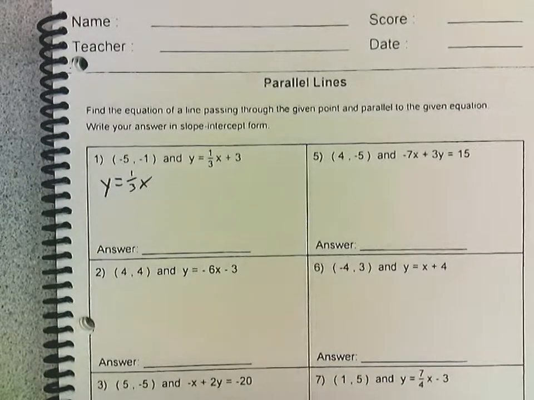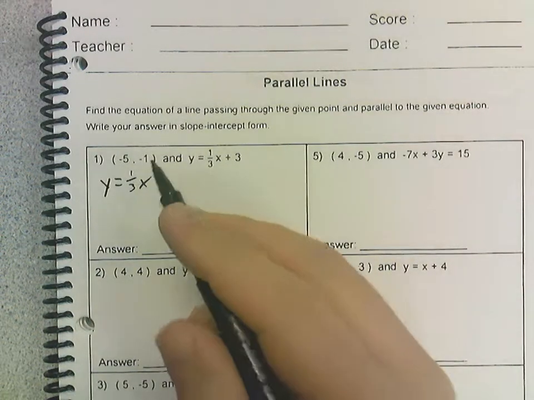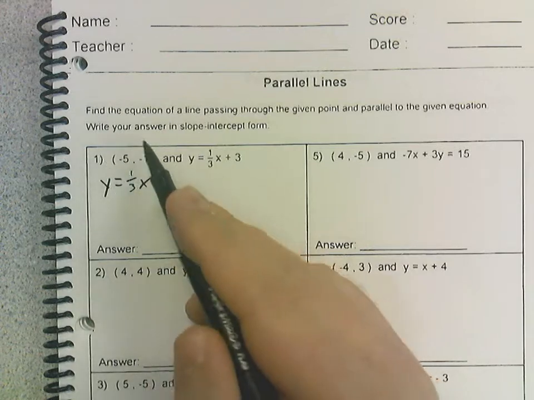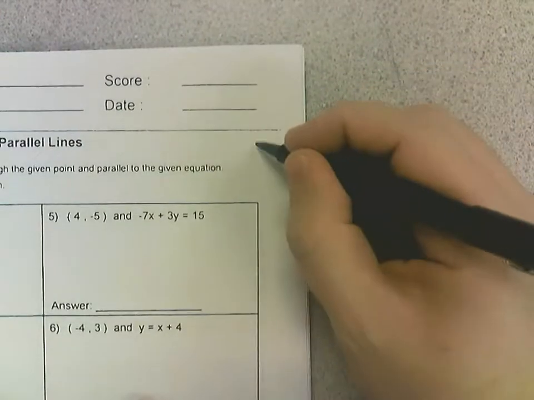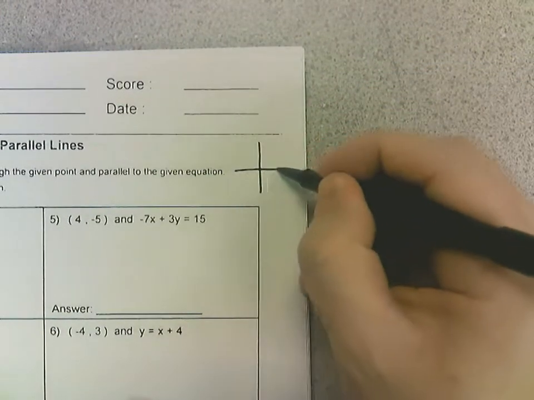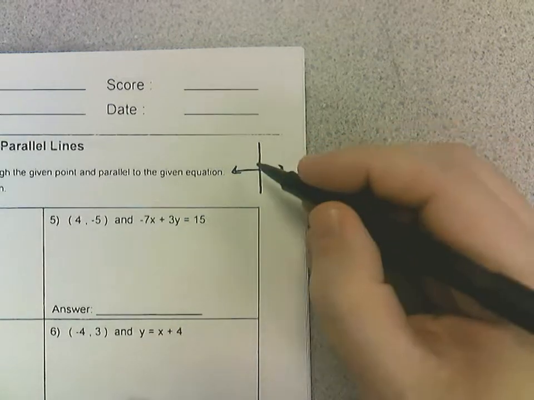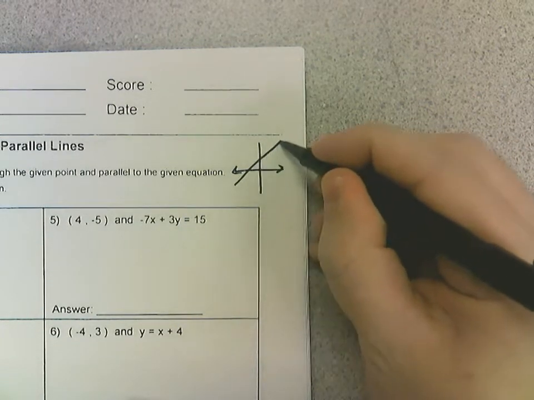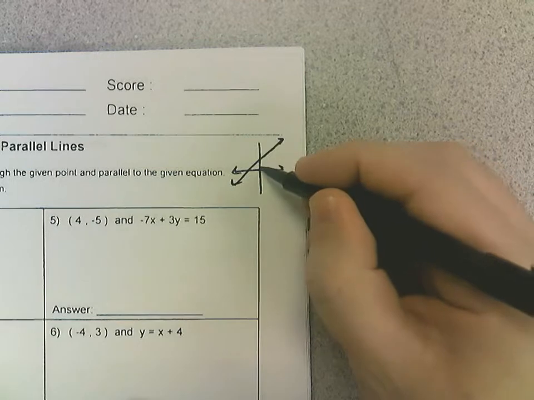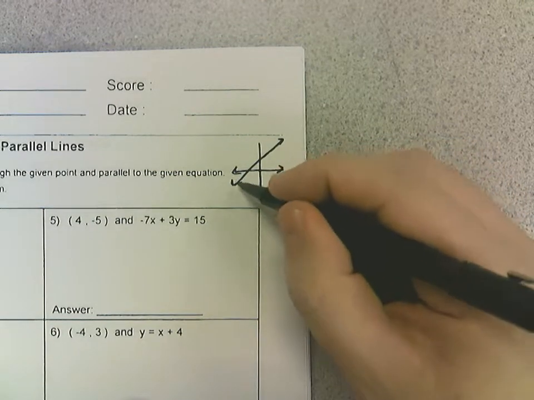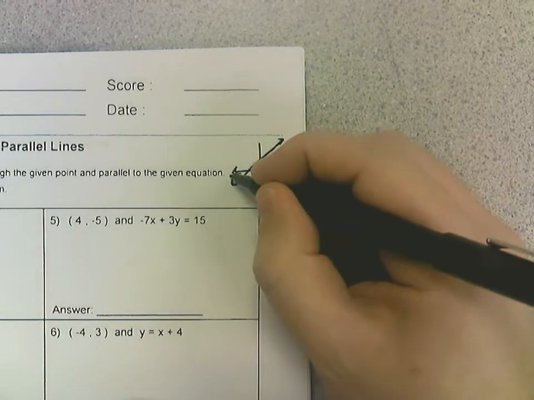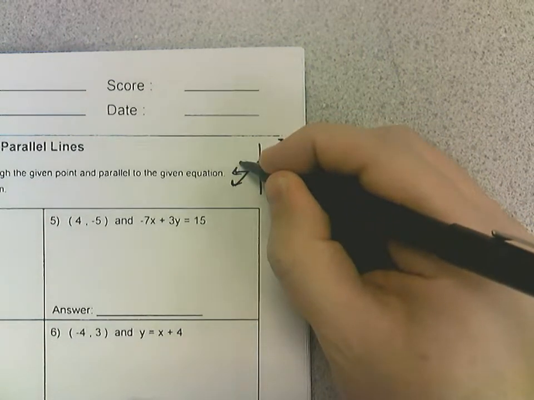Because the slope has to be the same. What I don't know of this line is what specific y-intercept it's going to have, because it has to be the line that goes through this point. For example, if I were to draw this out, basically it's asking for a line that's doing something like this, and it wants the parallel equation that goes through this point right here, or something like that.